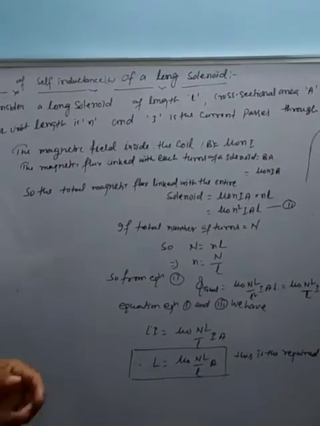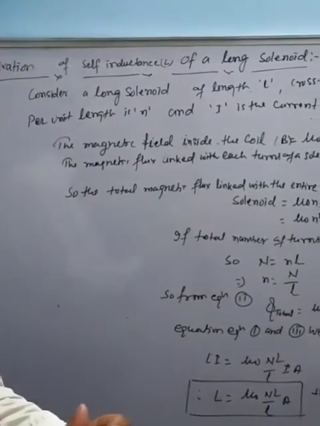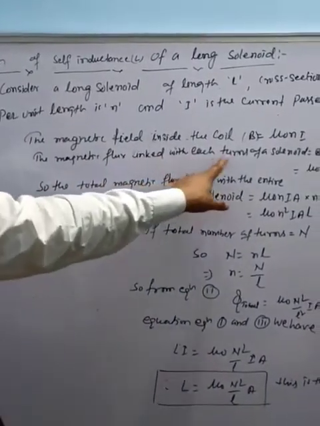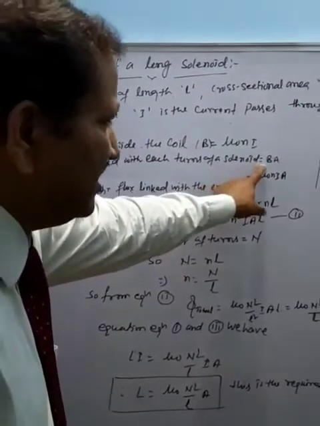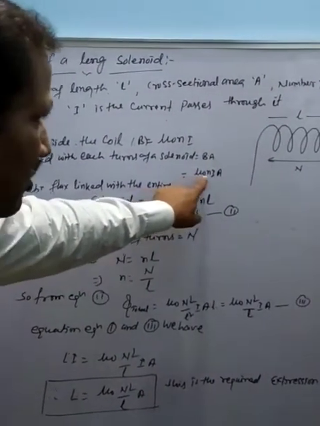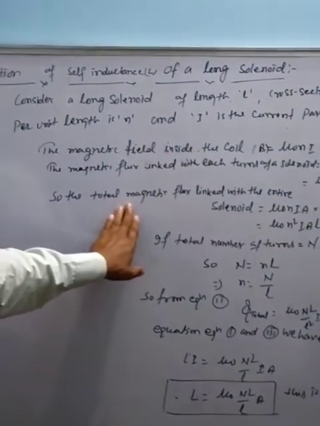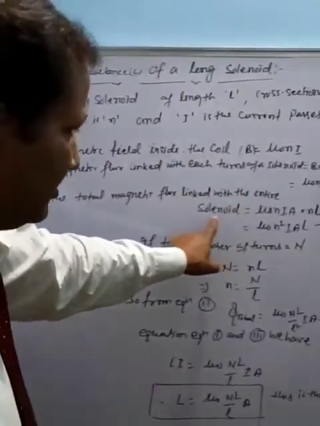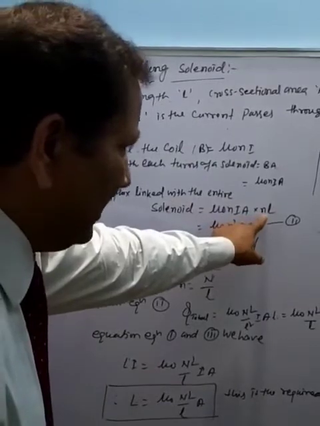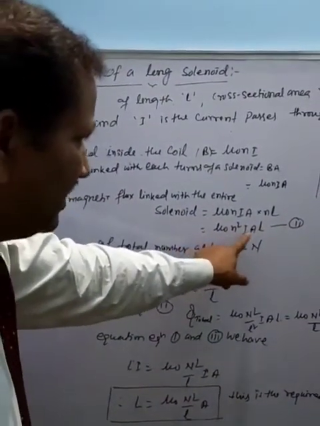The magnetic field inside the coil, B, is equal to mu naught n I. The magnetic flux linked with each turn of the solenoid is B into A, equal to mu naught n I A. So the total magnetic flux linked with the entire solenoid is mu naught n I A into N into l. This is equal to mu naught n square I A l.